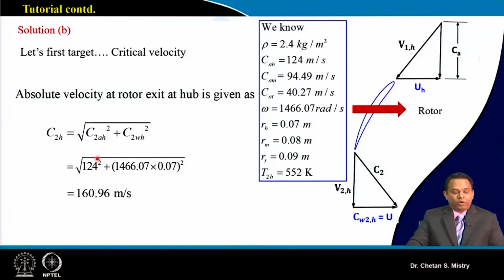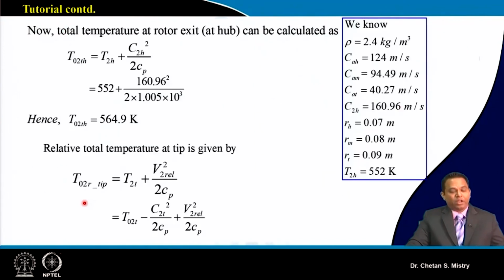At hub we know our axial velocity, that is 124 meter per second. We know our omega, and this is my r. At hub we know our radius as 0.07. So that will give me my absolute velocity as 160.96 meter per second.